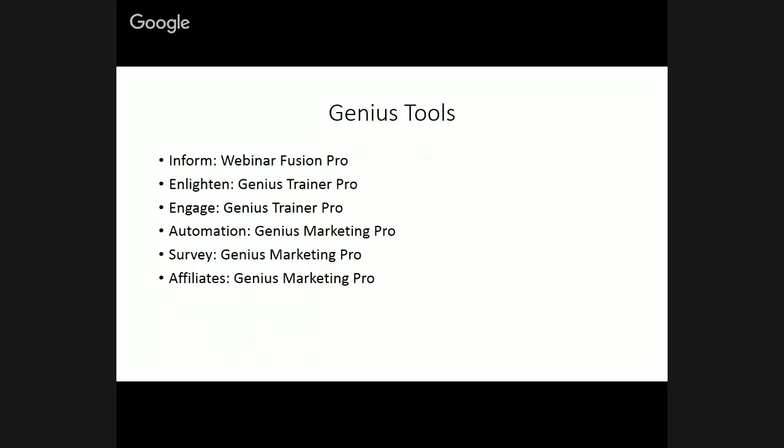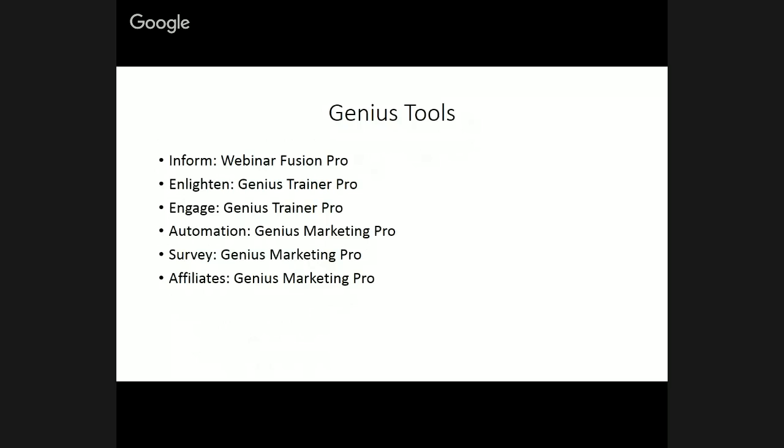I can say, look, right down here below, go get this thing, or pick up this thing. So Genius Trainer Pro is about enlightening people. It's about helping people to get something new. I inform people with Webinar Fusion Pro. I enlighten people with Genius Trainer Pro.